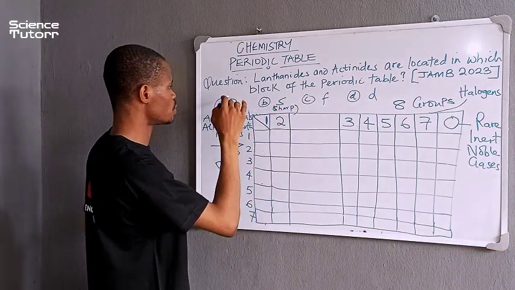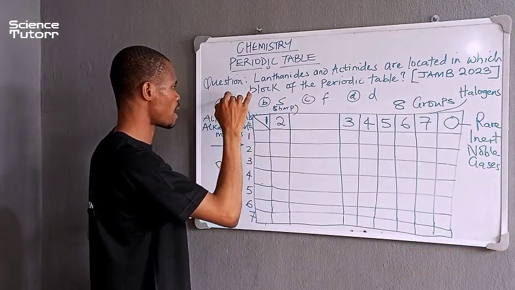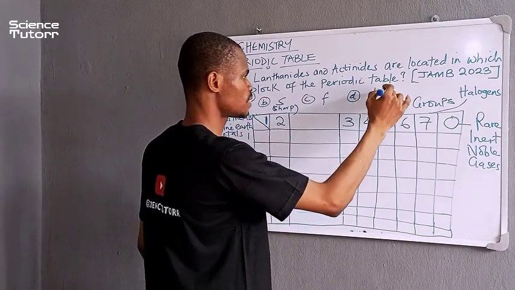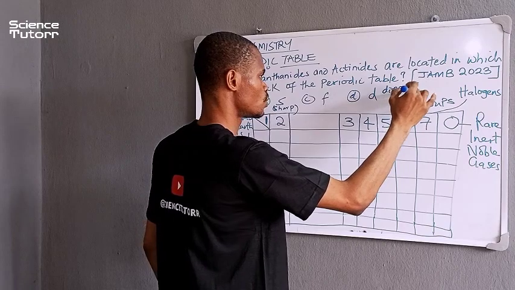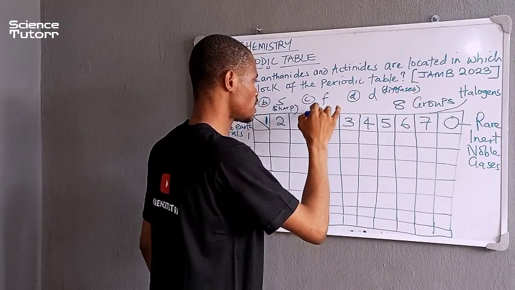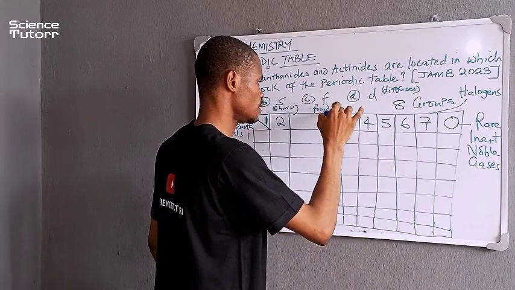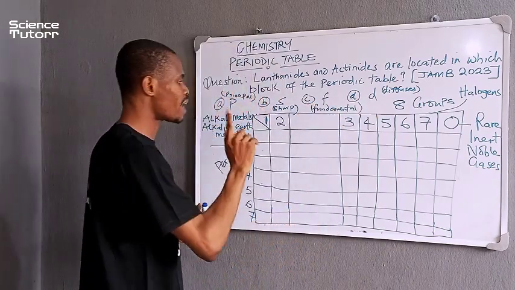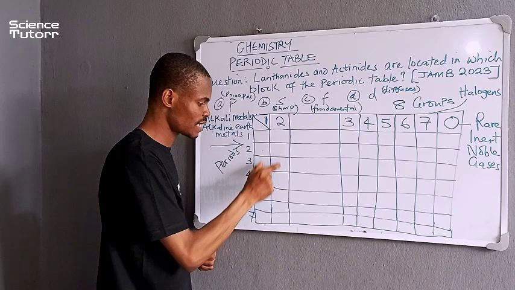The P represents principal. The D represents diffused, and the F represents fundamental. These are their meanings.